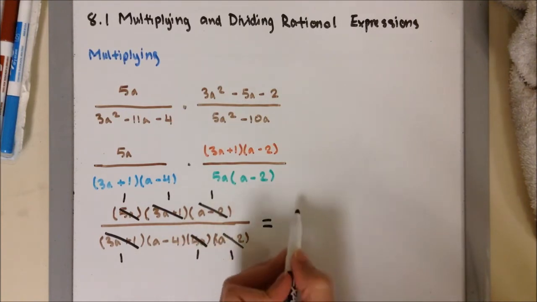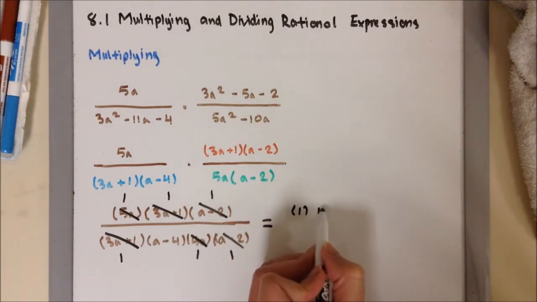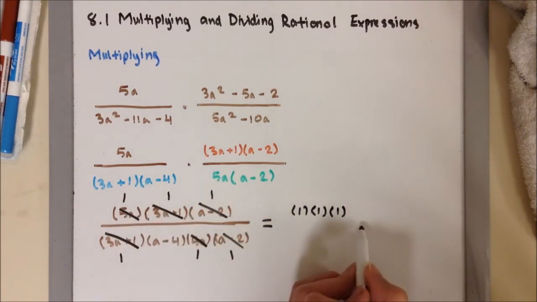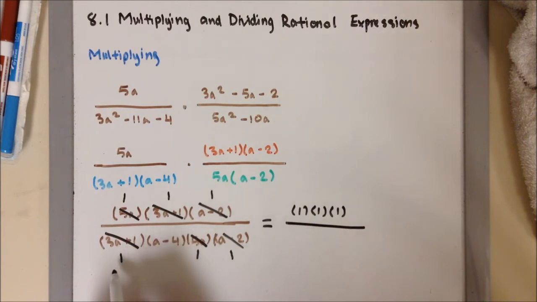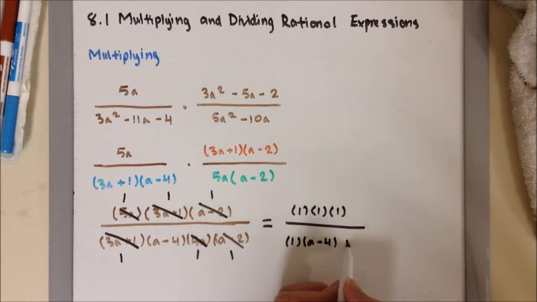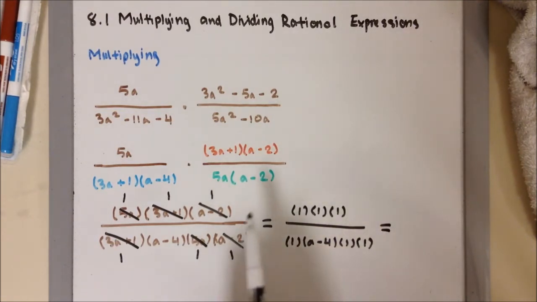So let's write out what we have. In the numerator, I have 1 times 1 times 1 from these three ones here. In the denominator, I have 1 times a minus 4 times 1 times 1. So I'm just doing this step by step.